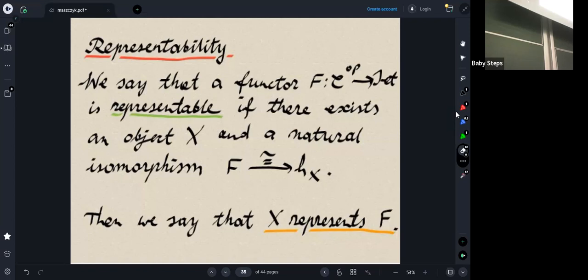It turns out that for very good actions, like a free proper action, the cross product is Morita equivalent with an honest quotient.